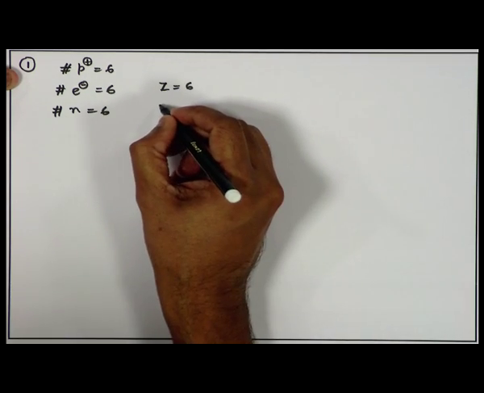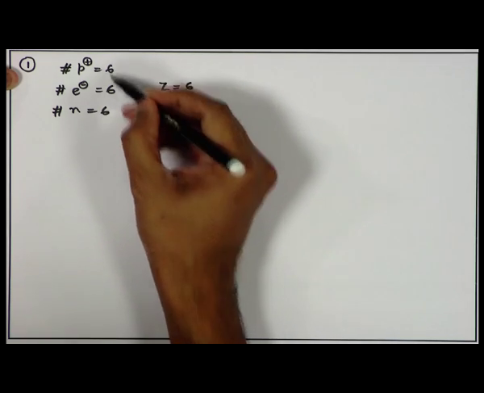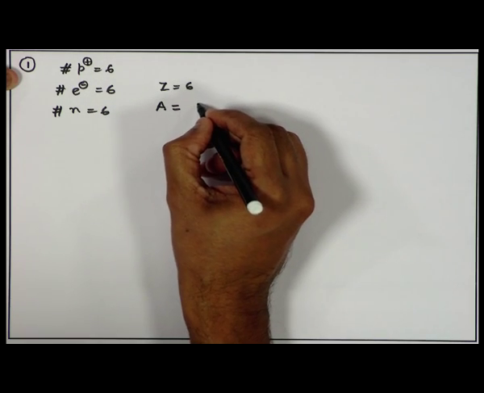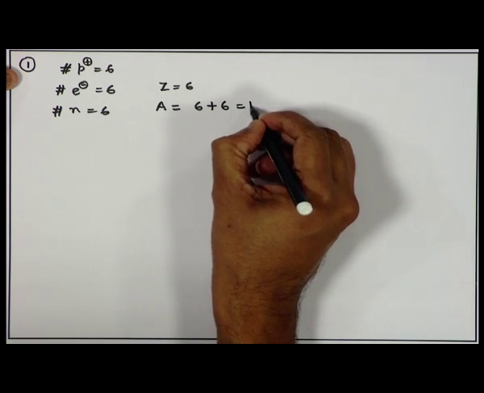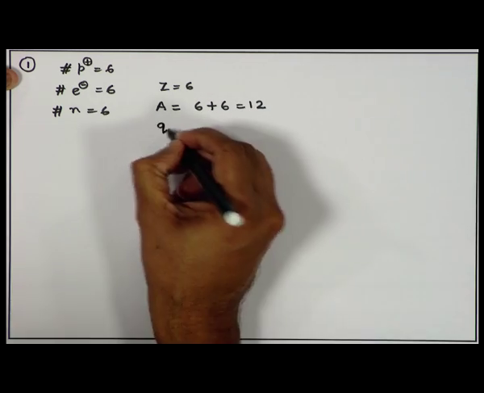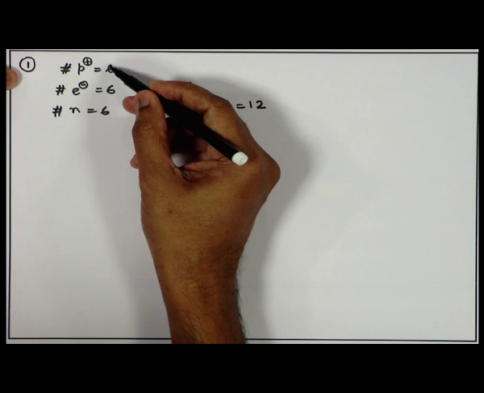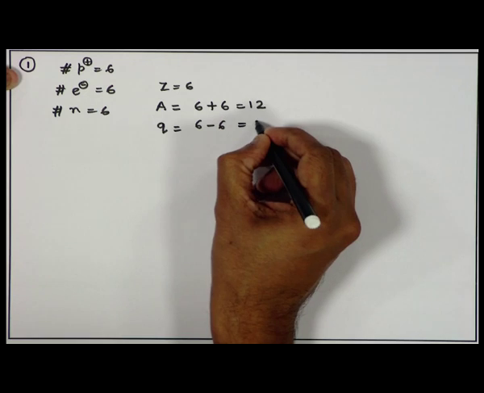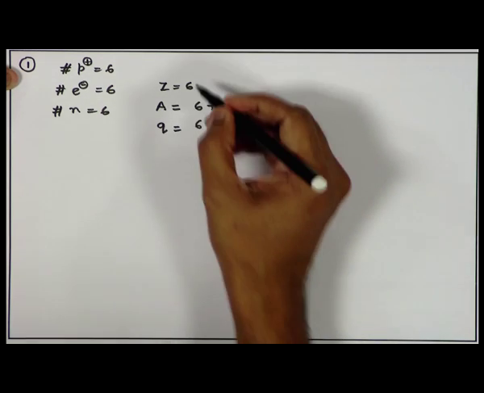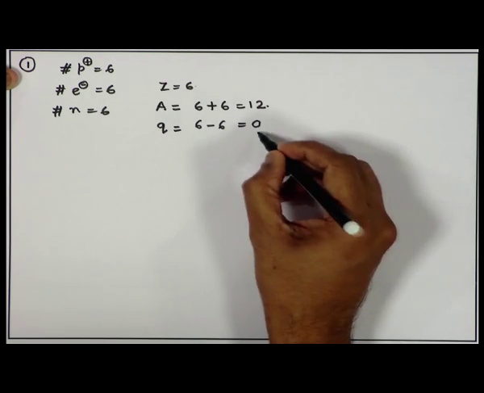The mass number of this atom, A, is number of protons plus number of neutrons. So, 6 protons plus 6 neutrons, that is 12. The charge of the atom is obtained by number of protons minus number of electrons. So, in this case 6 minus 6, and that is 0. So, we have got an atom whose atomic number is 6, mass number is 12 and charge is 0.